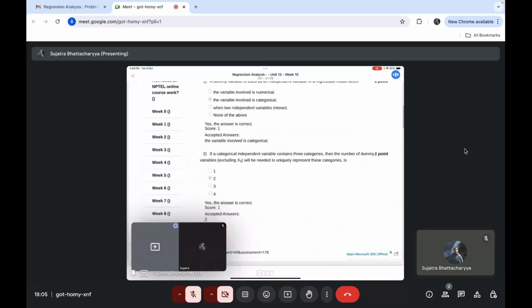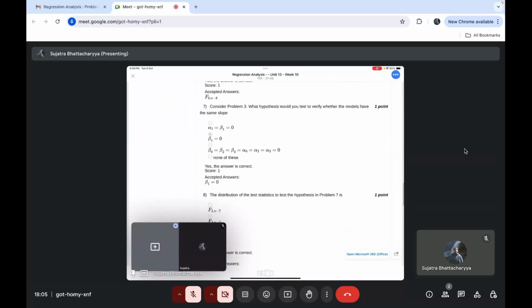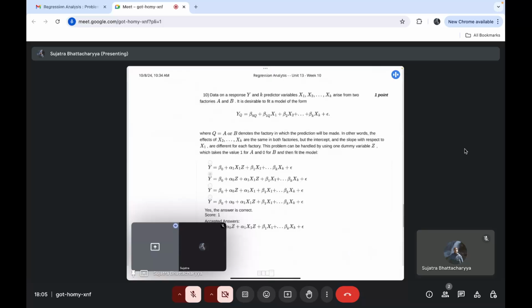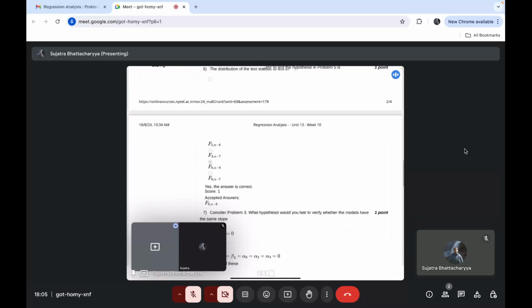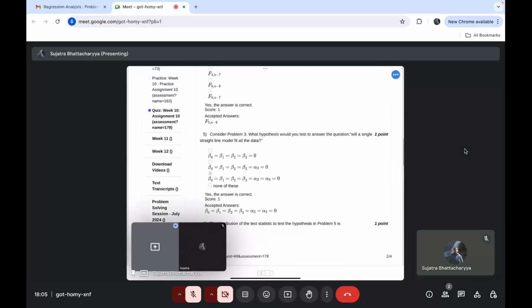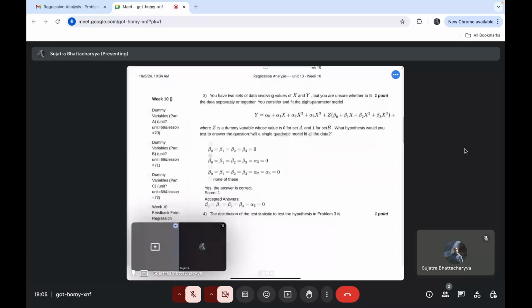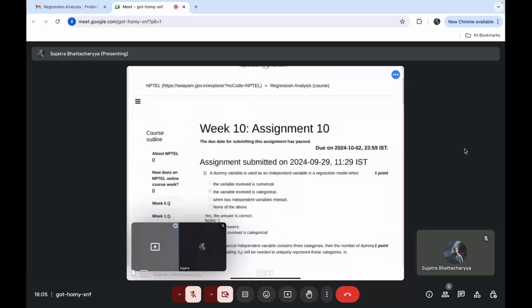There are this time some 10 assignment questions. This is related to week 10, based on the concept of dummy variables. Once this is finished, we'll solve all these questions in detail.